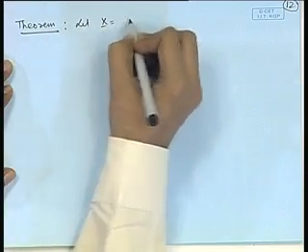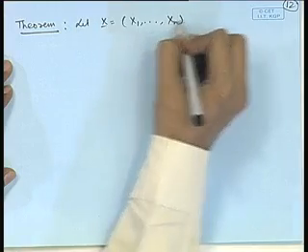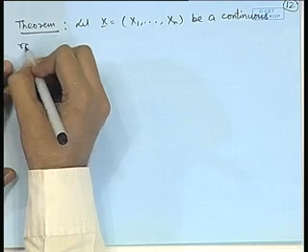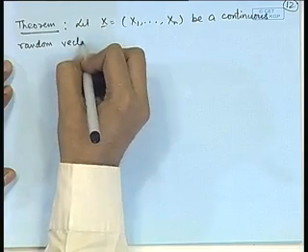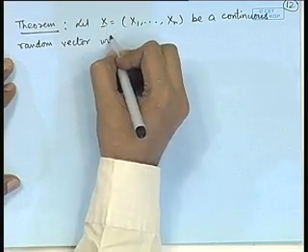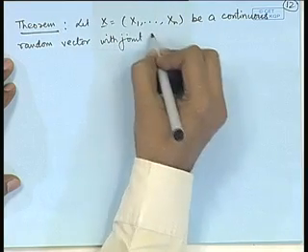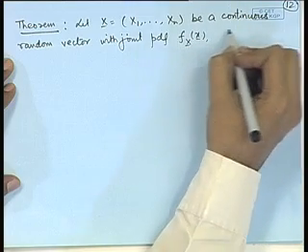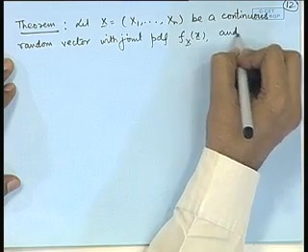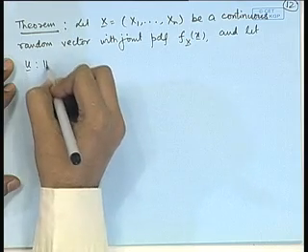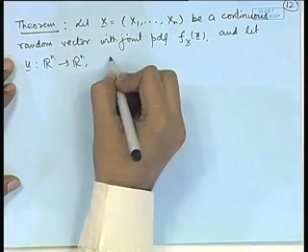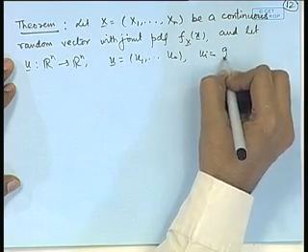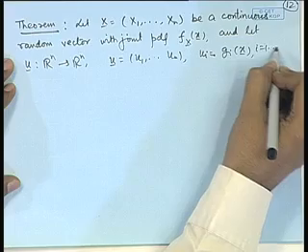Let X is equal to X1, X2, Xn be a continuous random vector with joint PDF f of x, and let U be a mapping from Rn into Rn, where U is equal to U1, U2, Un, Ui is equal to some gi of x for i is equal to 1 to n.